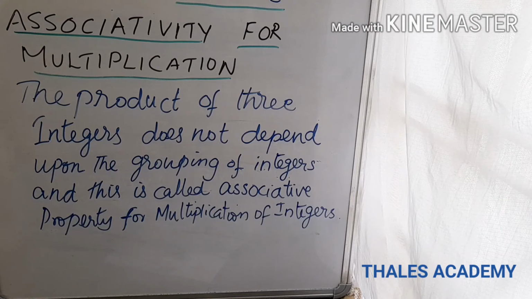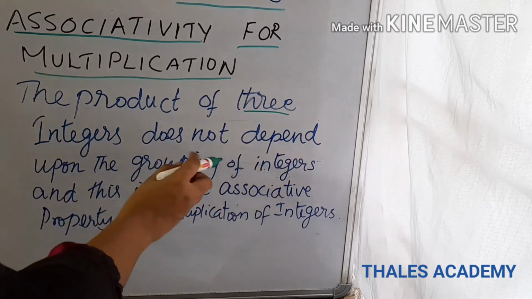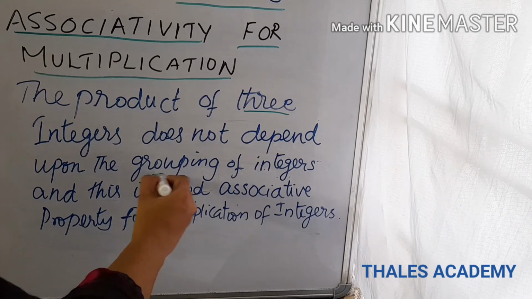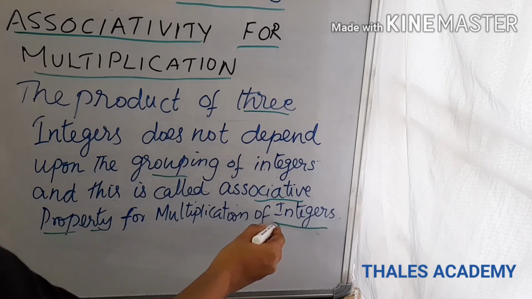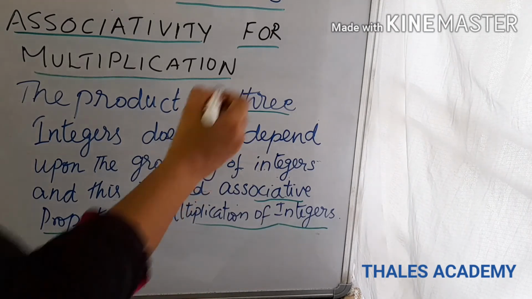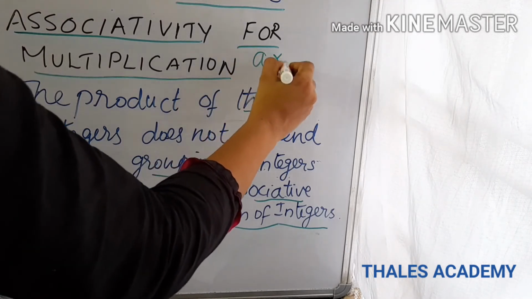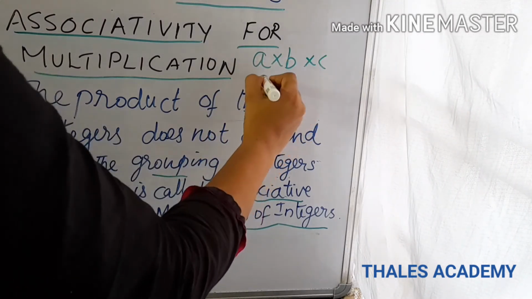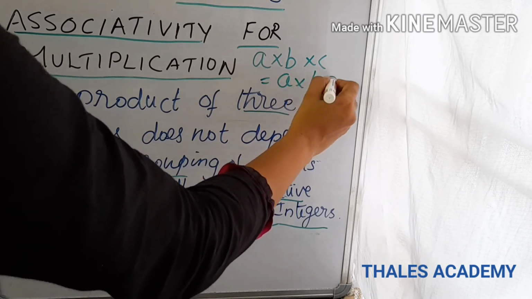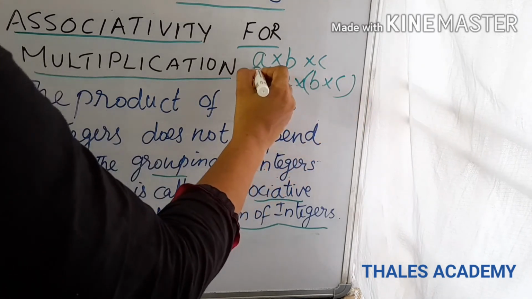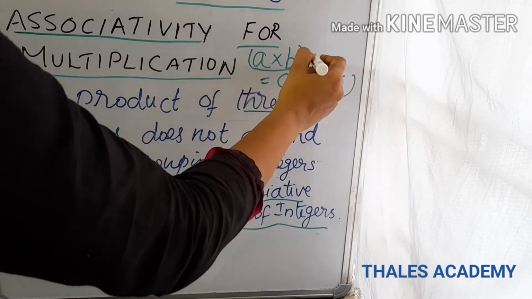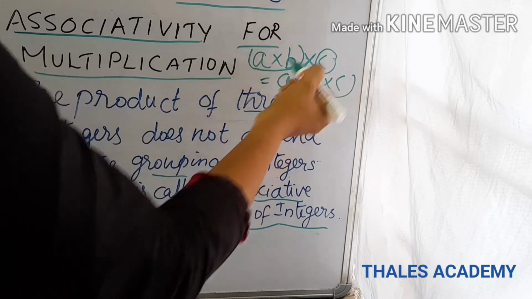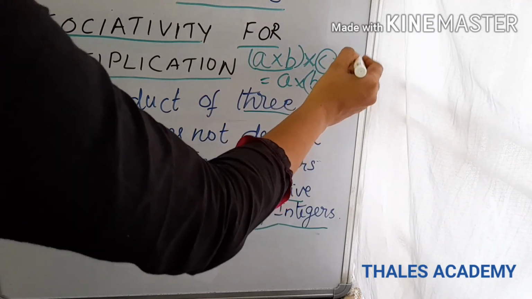The product of three integers does not depend upon the grouping of integers, and this is called the associative property for multiplication of integers. If we multiply the first two integers in a group and then multiply it with the third integer, we get a product d.